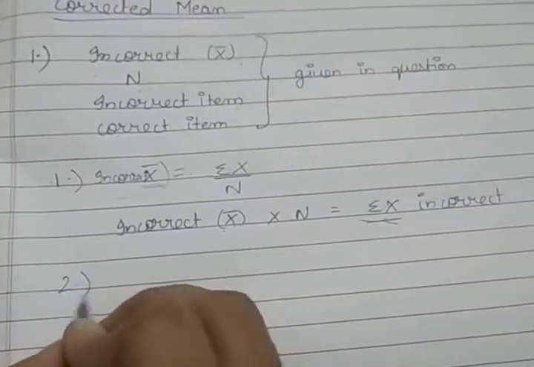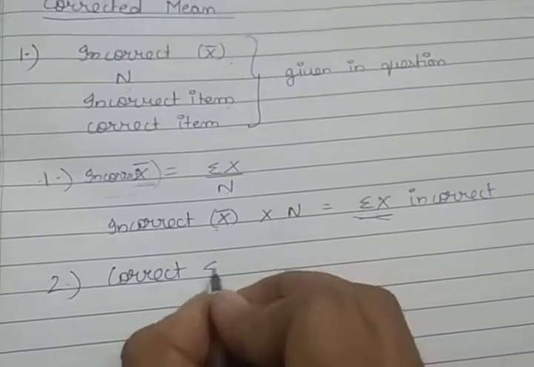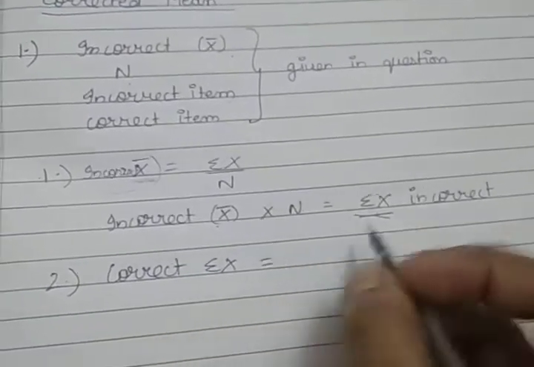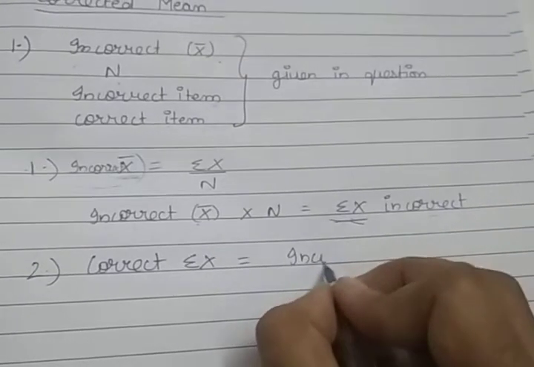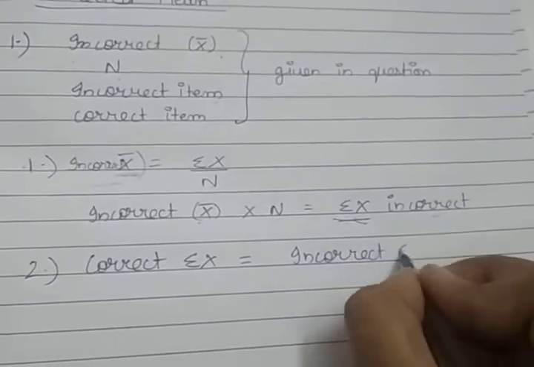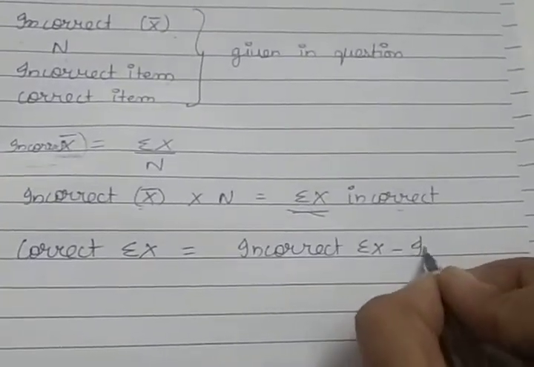After that your second step should be, now we have to calculate the correct summation x. So we have to use this incorrect summation x minus incorrect value.